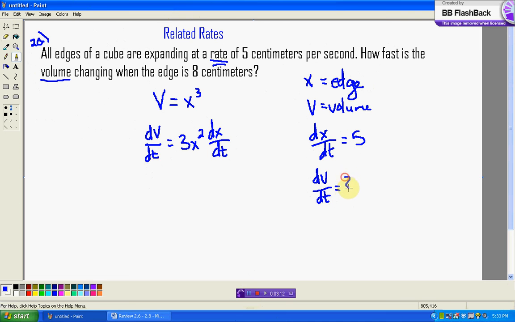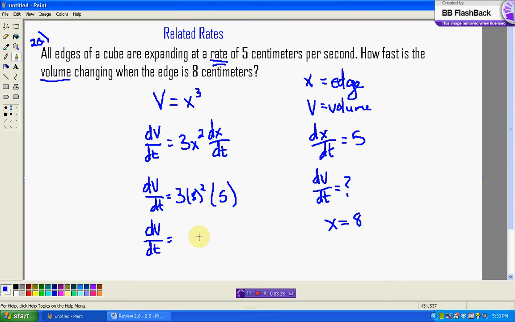And when the edge is 8, so then it tells you x is 8. So we have our little rate derivative here. We plug in everything that we know. We're looking for dV dt. We know that x is 8. We know that dx dt is 5.